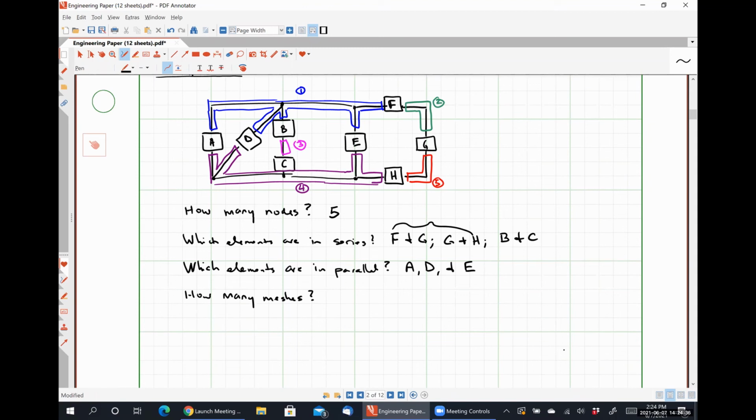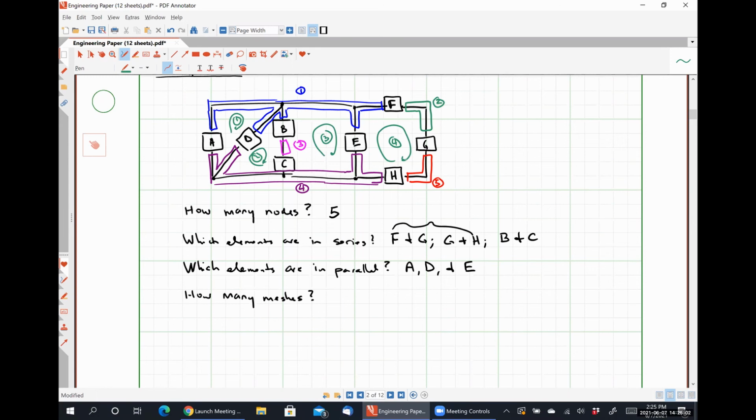So recall that a mesh is a loop that doesn't contain any smaller loops. 4, right? So here's one. Here's a second one. Here's a third one. And here is a fourth one.